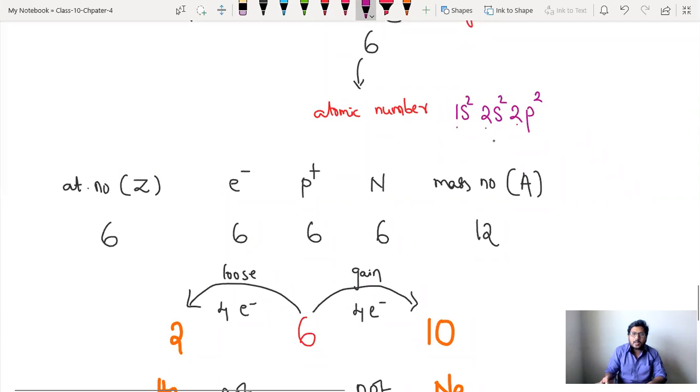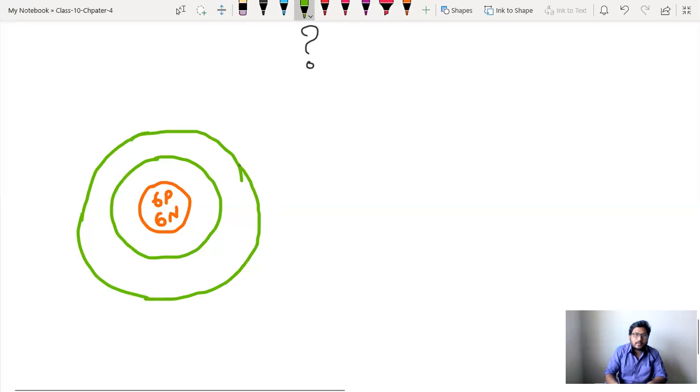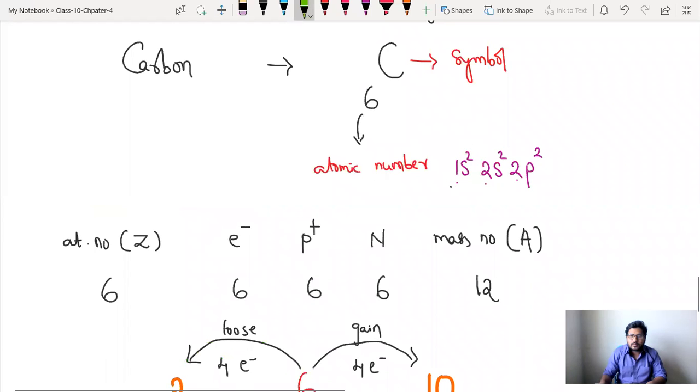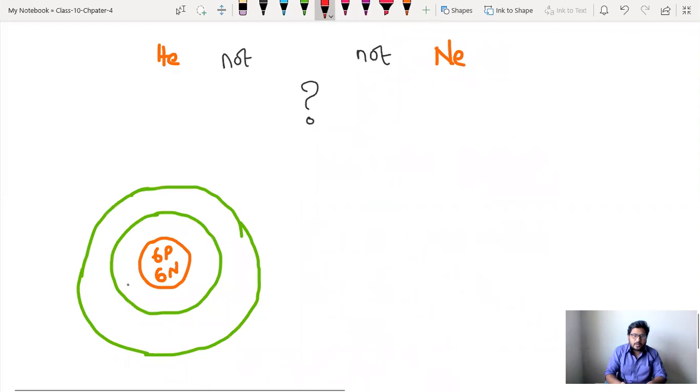First orbit, second orbit. So in carbon, how many orbits do we have? Only 2 orbits. First and this is the second orbit. In the first orbit, how many electrons? 2. In the second orbit, how many electrons? 4. 1, 2, 3, 4.